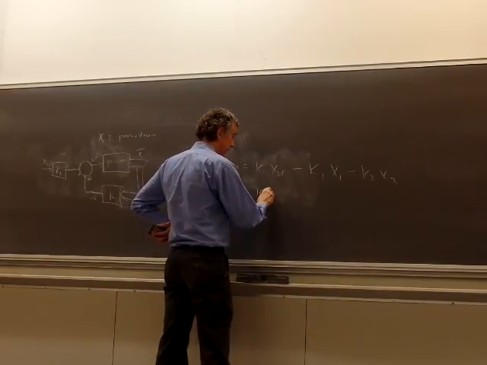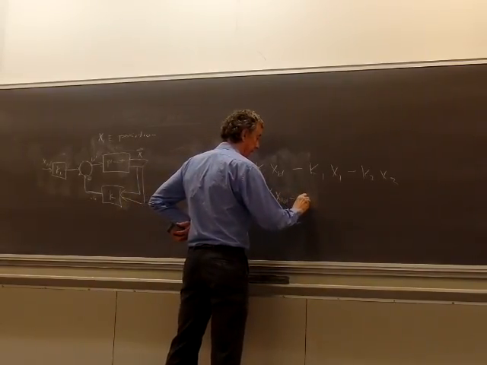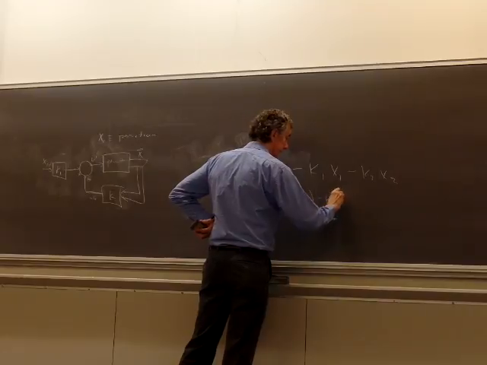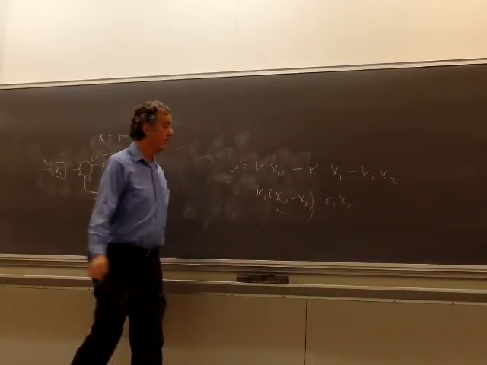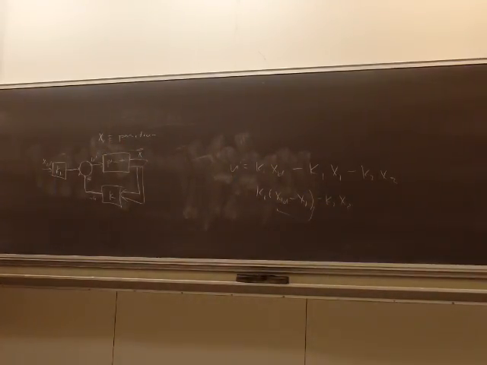So what I have here is x1 desired minus x1, which is what? The position error, which is perfectly fine. What have we essentially done mathematically in this thing? Regulator tries to do what?